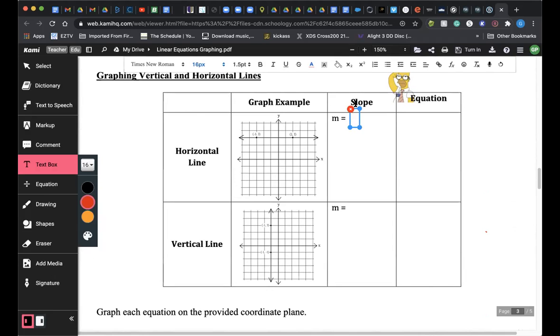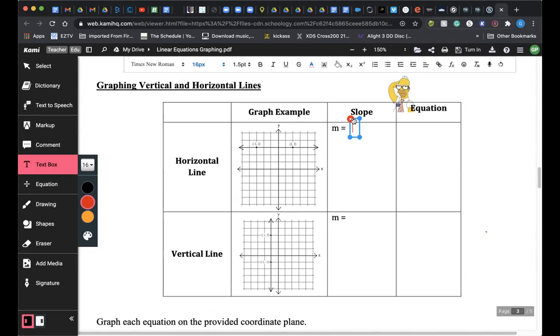But again, when you have your horizontal line, so that you can keep it in your mind like Homer. Homer is trying to remember it. I don't know if you guys remember that episode when Homer actually went to college. He tried. All right, so when we have a horizontal line, we have 0 slope, right?